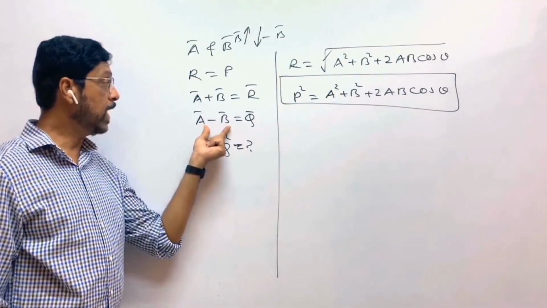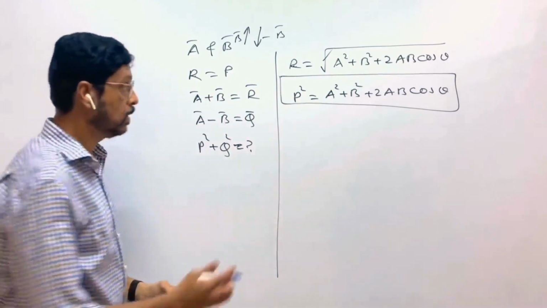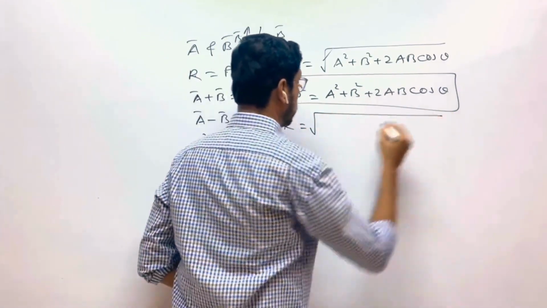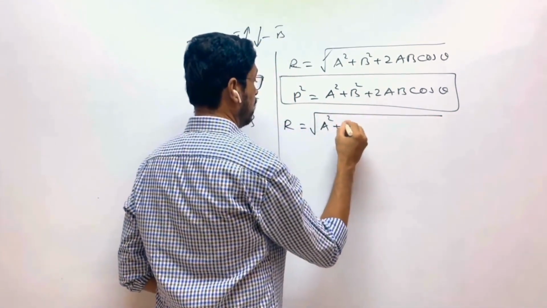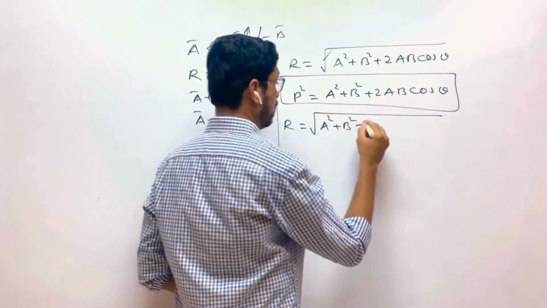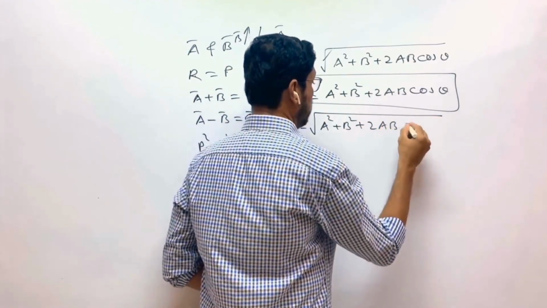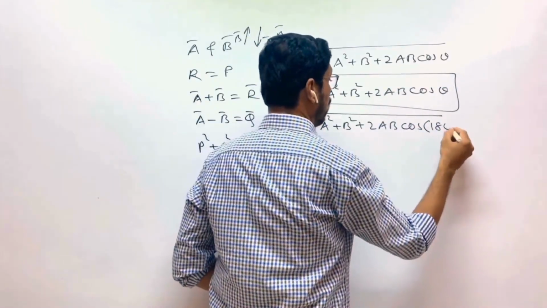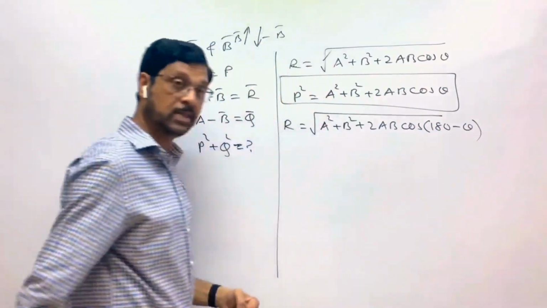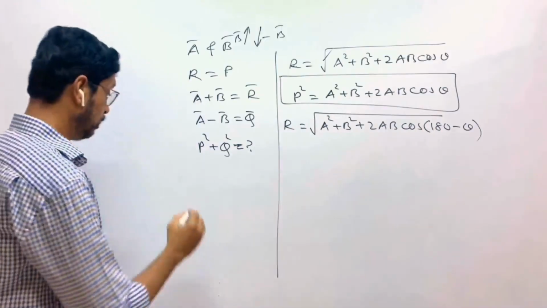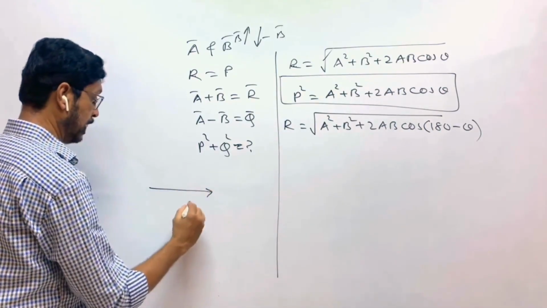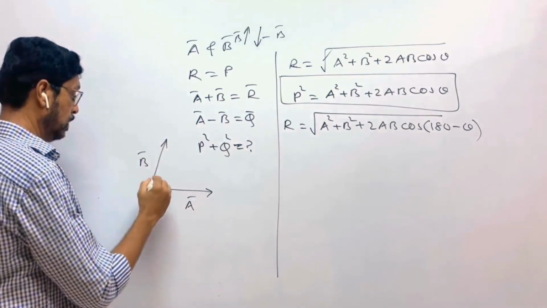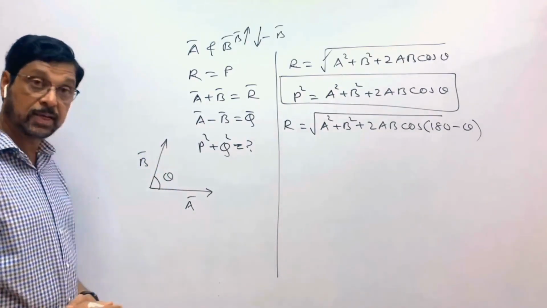Now when you have to find A minus B, then the resultant will be under root A square plus B square plus 2AB cos theta, which will now become 180 minus theta. देखो, सपोज ये है वेक्टर A और ये है वेक्टर B. The angle between them is theta.